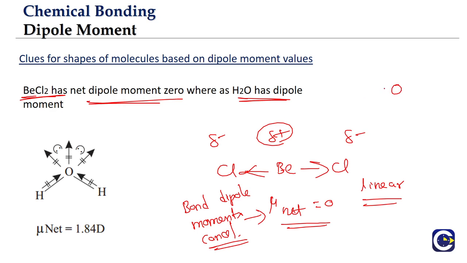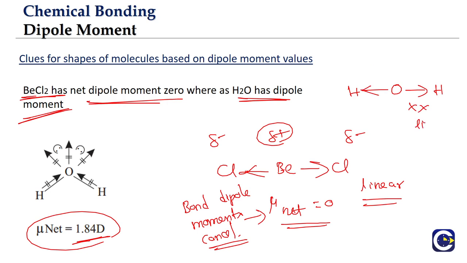Look at it: you have oxygen and 2 hydrogens, but H2O has a dipole moment. We don't need to remember the exact value of the dipole moment; here the value is given as 1.84 debye. So H2O has an overall dipole moment, which means it should not have a linear structure.